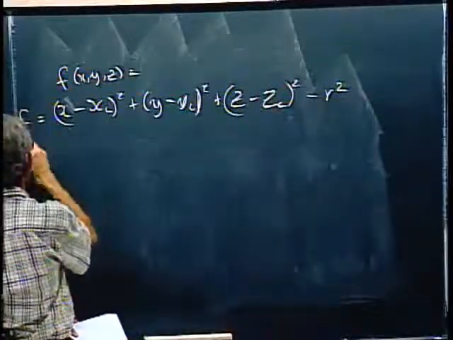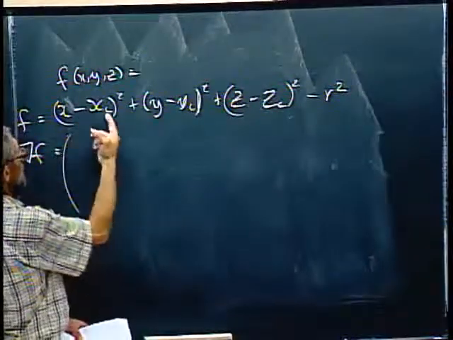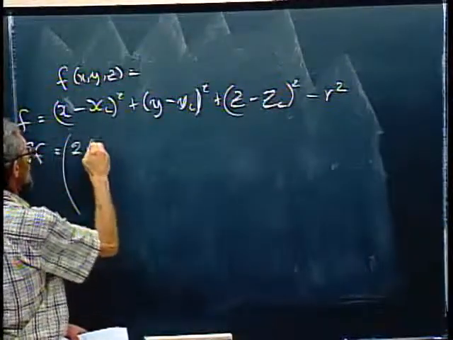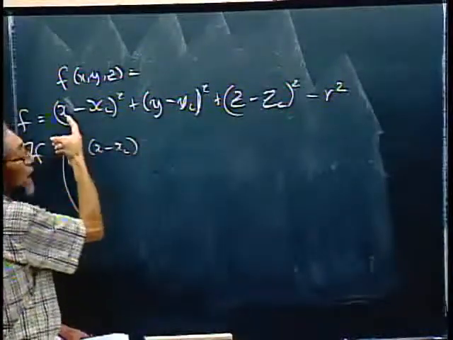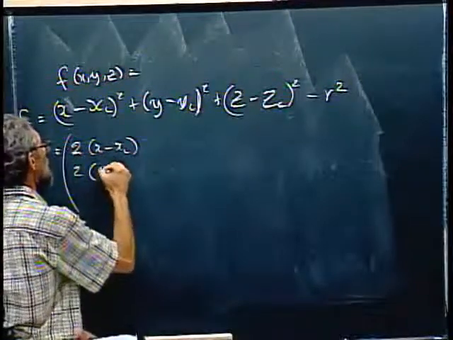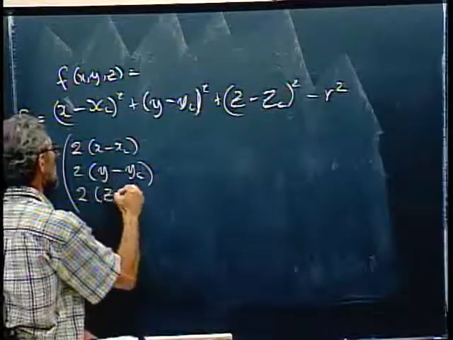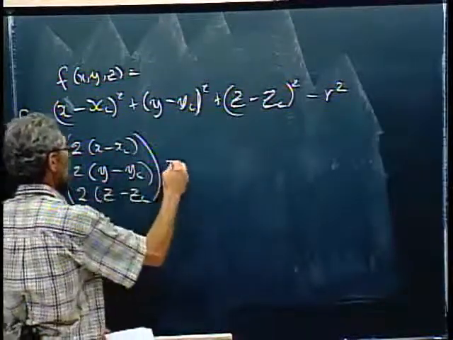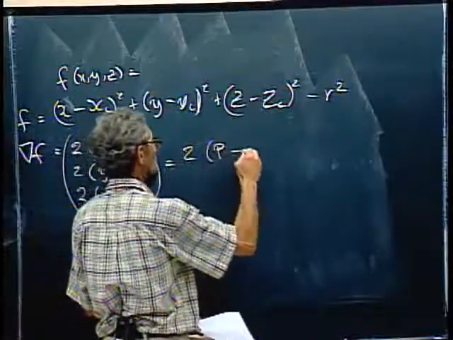So that's f, and the gradient of f then has components. The derivative with respect to x is twice (x minus xc) times the derivative of what's inside, which is just 1. The y component is twice (y minus yc), and the z component is twice (z minus zc). So that's really just twice this vector p minus c.